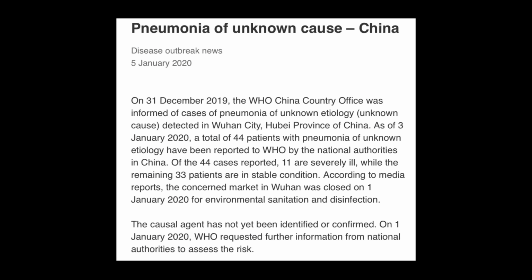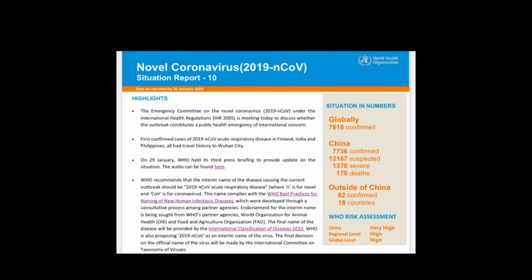Over the course of the next couple weeks, a virus was discovered. By the end of January, the causal agent had been identified as a coronavirus. There were thousands of cases confirmed within China, 82 cases confirmed outside of China in 18 different countries, and a high global level of risk as assessed by the World Health Organization.